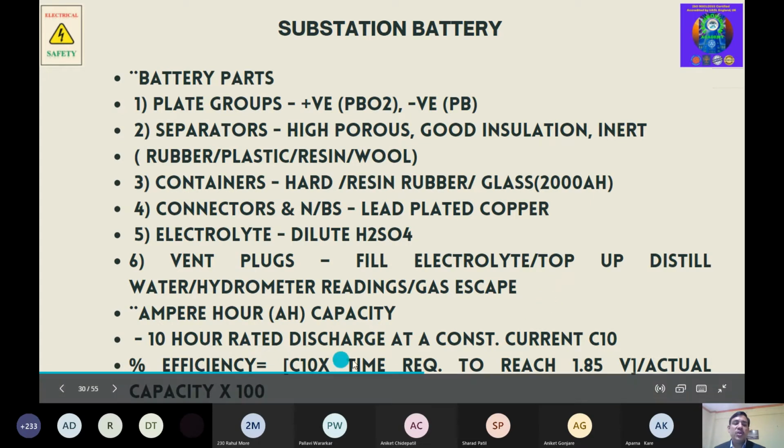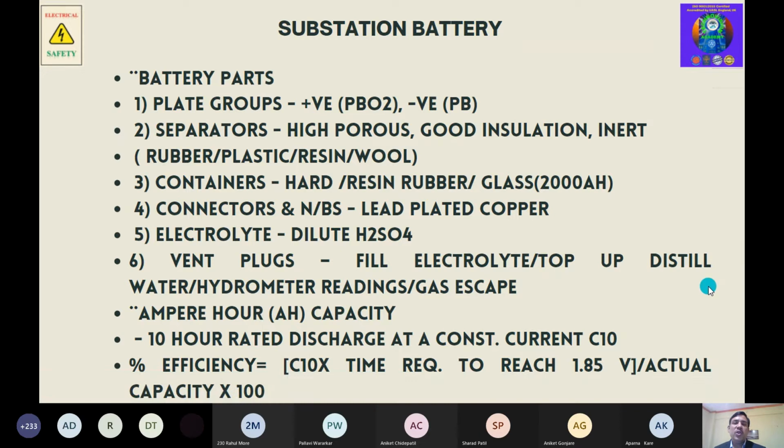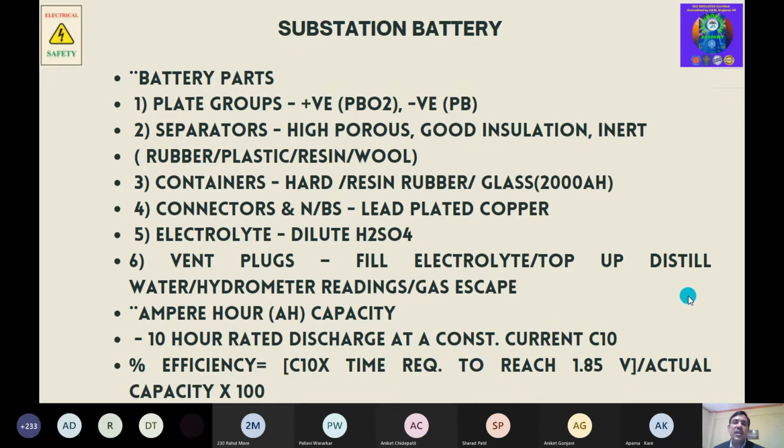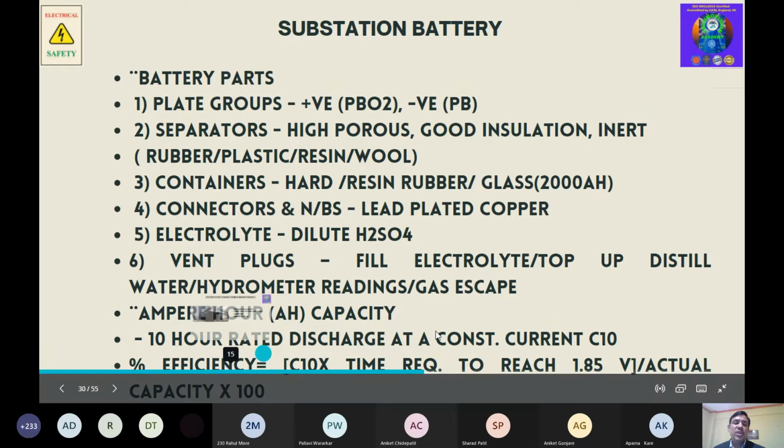And we have to ensure the percentage efficiency of any battery. How can you rely on your battery? Suppose there is a failure of all AC supply and you don't have any backup arrangement. In that case you have only one source, that is the battery. So you have to ensure the efficiency of the battery, and there is a formula to calculate it.